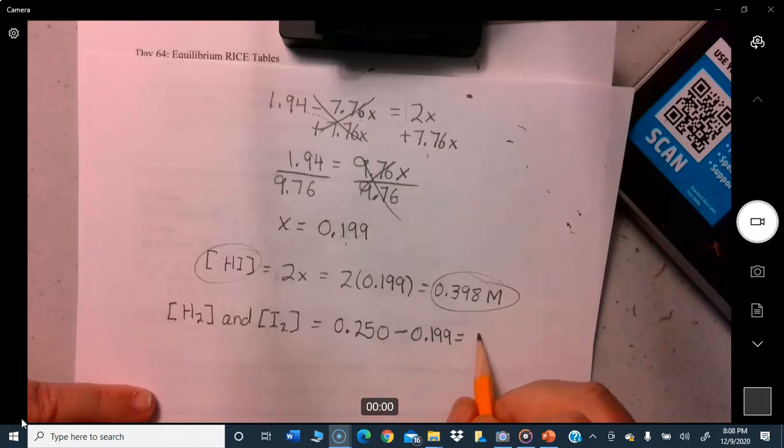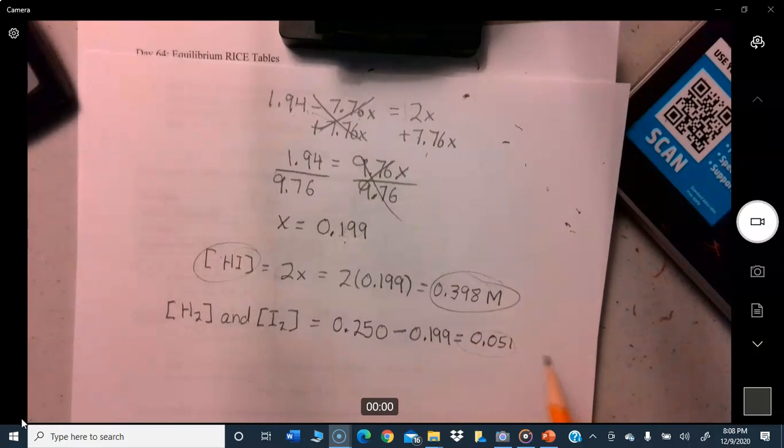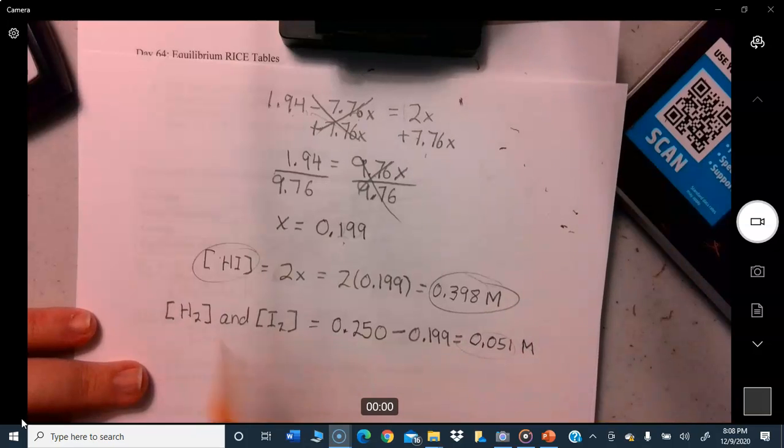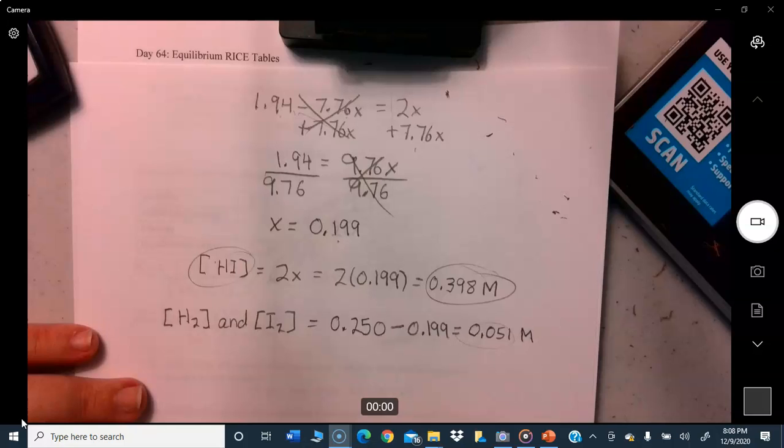And that's going to give us 0.051. It's too late. I can't do it in my head. Sometimes I can't even do simple calculations. Okay, so that's it. And that's molar. That's the concentration of either of those.